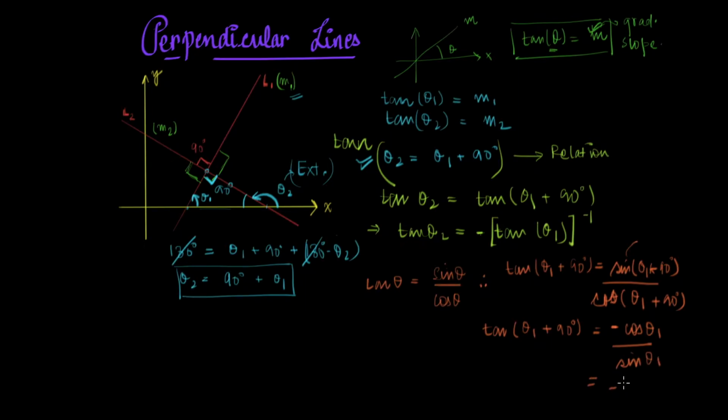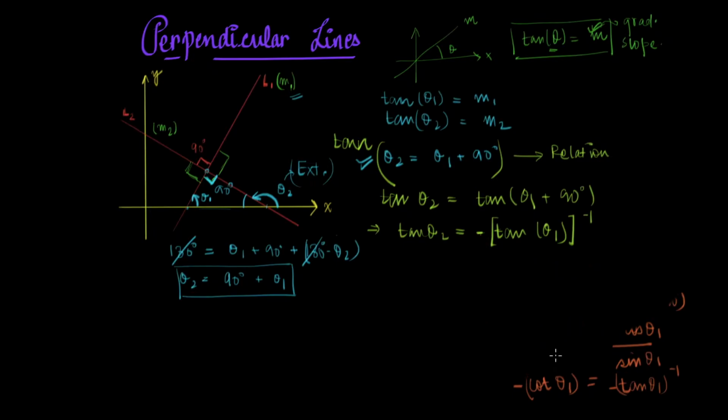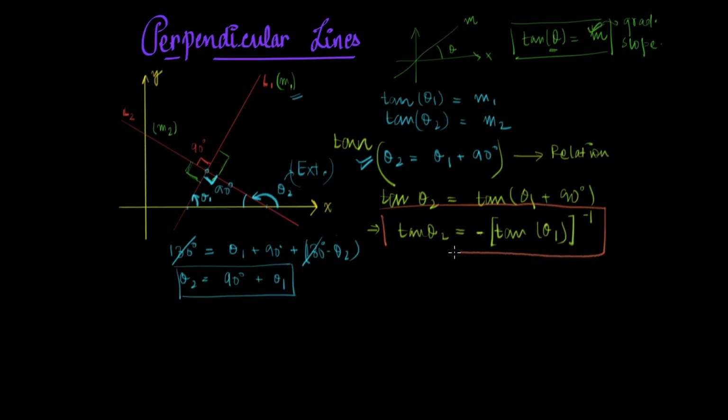So this becomes negative tan theta 1 inverse, or we also call this negative cotangent of theta 1, or cot theta 1. So using those formulae, we can write tangent of an angle plus 90 degrees and express that in this form.